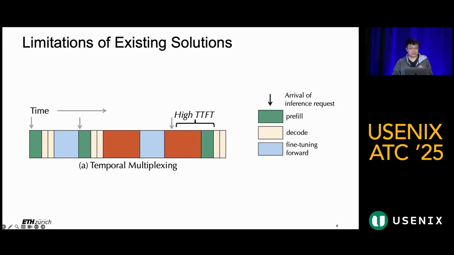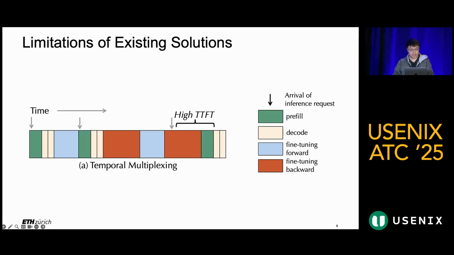If during this time another new inference request comes, you need to suspend it, and then you can do prefill and decode again, which are the green and yellow boxes. And then you do the fine-tuning backward, because we did the fine-tuning forward a few milliseconds ago.